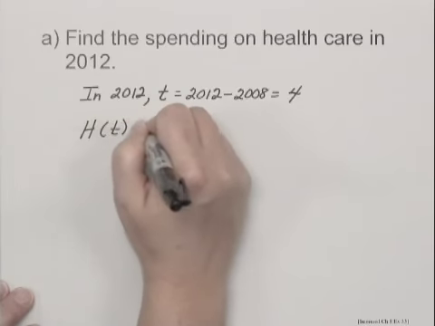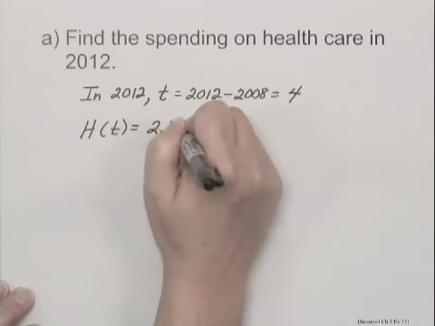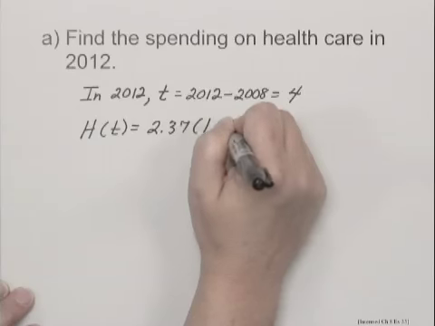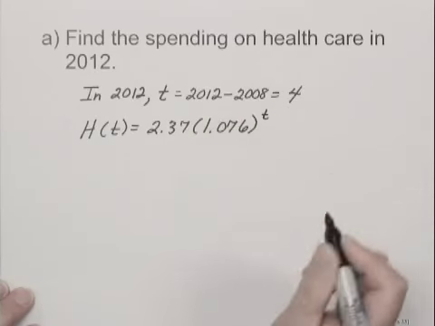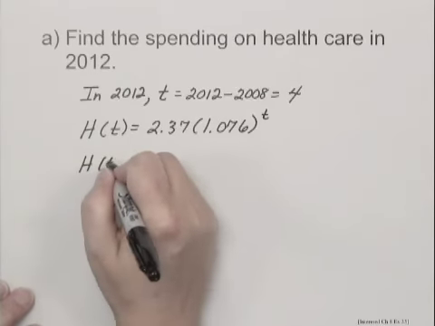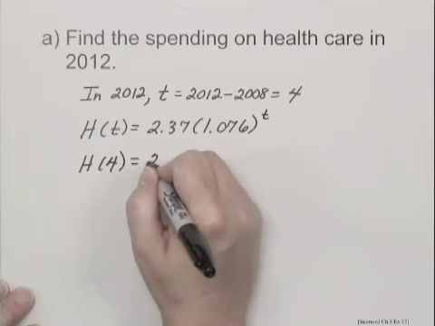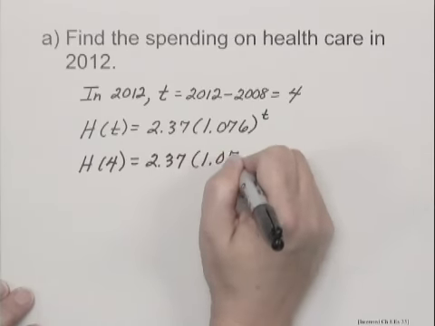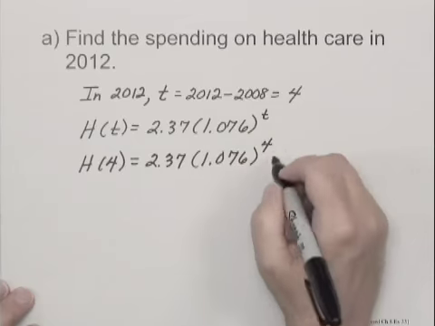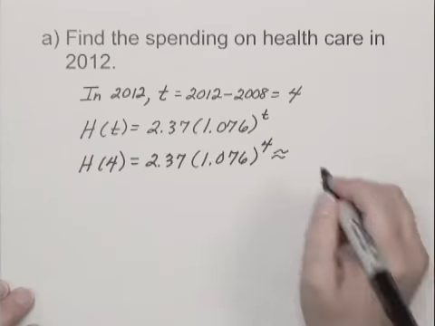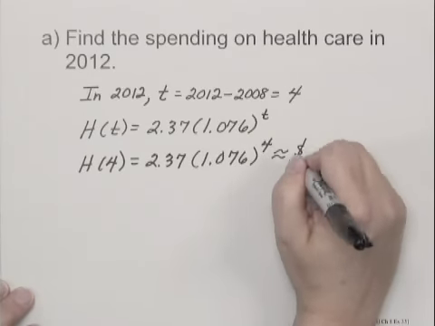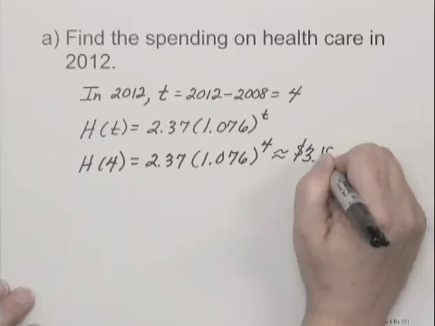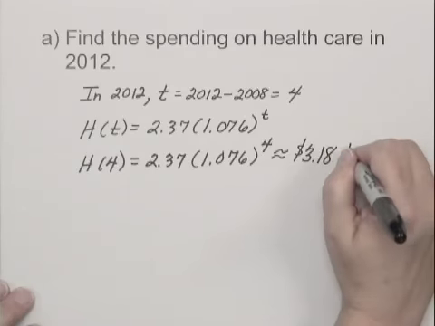H of t is 2.37 times 1.076 to the t power, so h of 4 is 2.37 times 1.076 to the 4th power, which if we use a calculator and round is approximately 3.18, and it's in trillions of dollars.